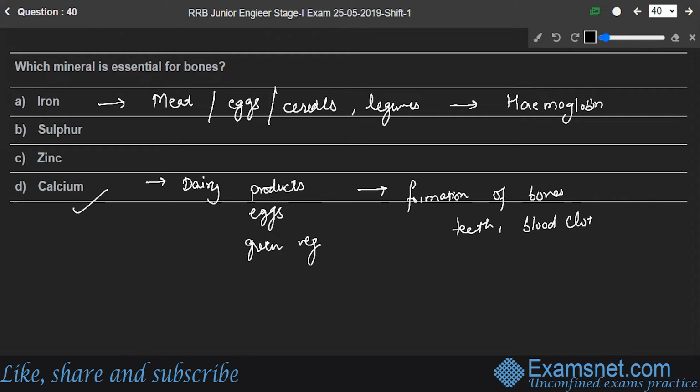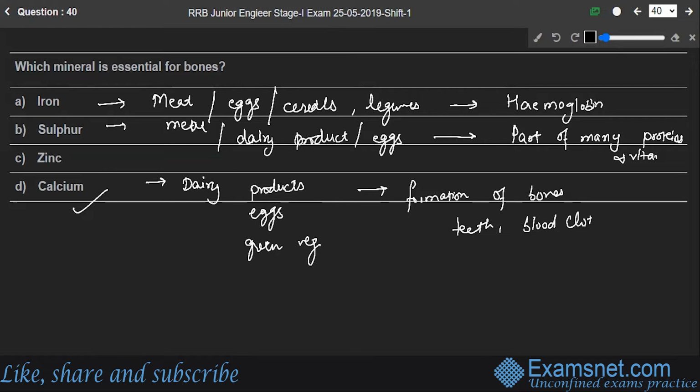Then you have sulfur, which you mostly get from meat, dairy products, eggs, and it is part of many proteins and vitamins. So it's part of your skin, nails as well.